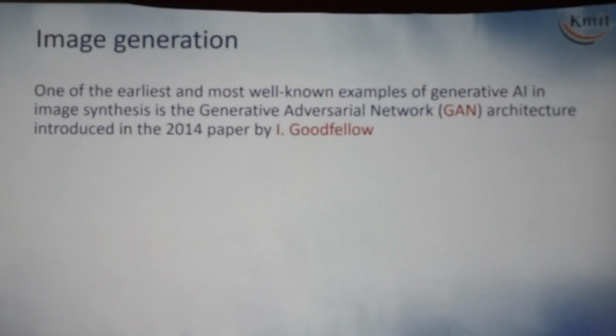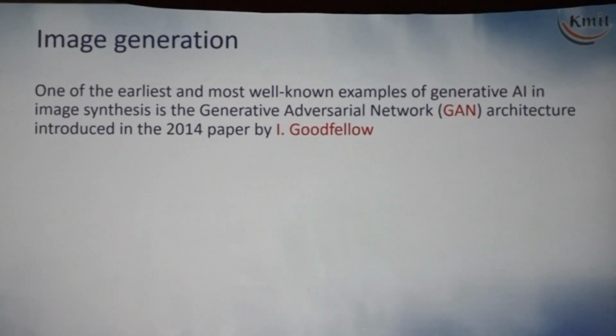Image generation. Here, the generative adversarial network was introduced by Goodfellow, and he has written one textbook also, on deep learning. If you go through that textbook, you will really enjoy it, but it is a little difficult to follow. It is not an easy book.